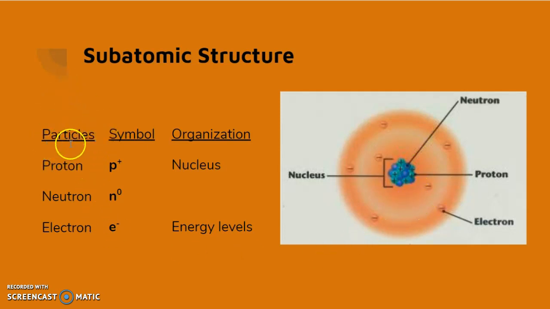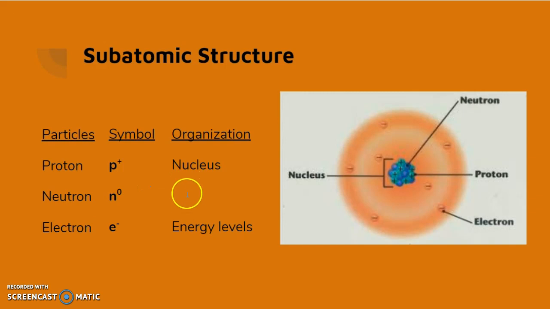The different subatomic particles, which I've already mentioned, are the proton, the neutron, and the electron. There are things even smaller than these, but these are the most important ones for chemistry's purposes. The proton has the symbol P+ because protons are positive, and they're located in the nucleus.